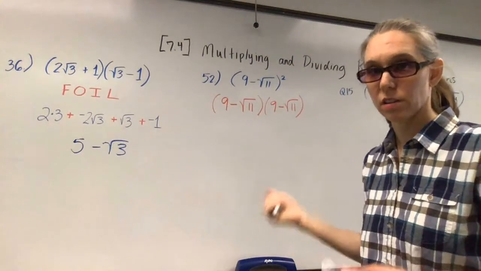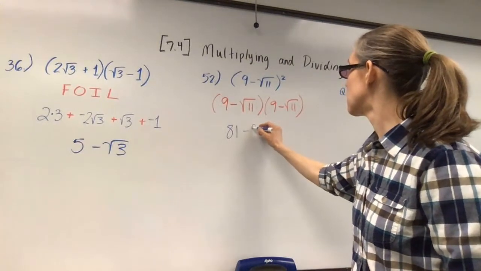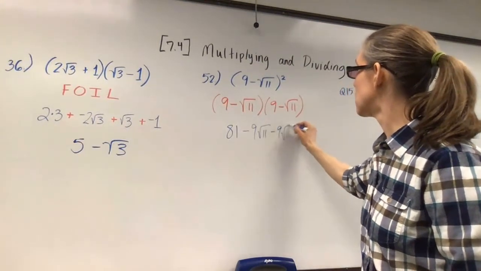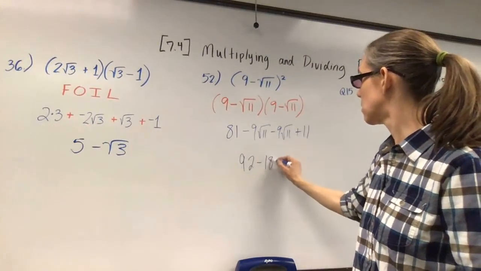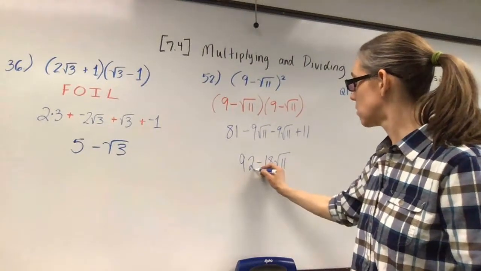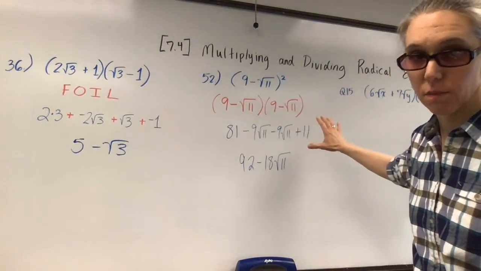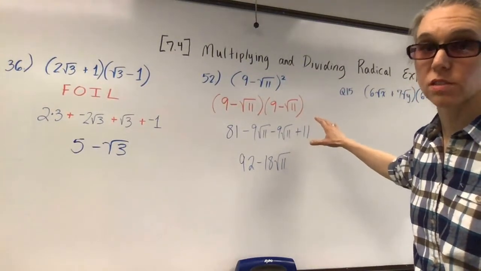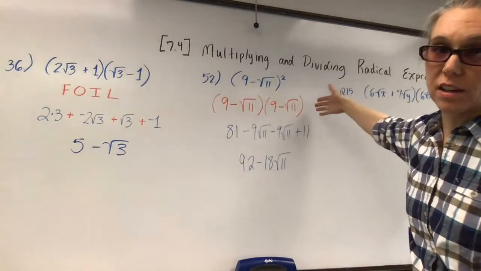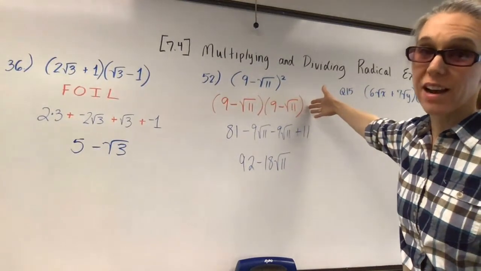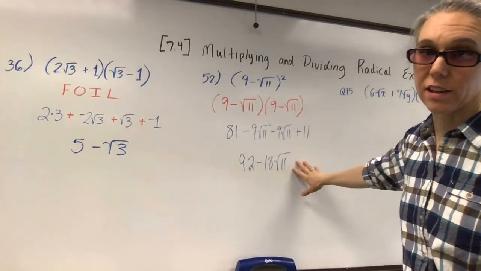First, outer, inner, last. So for this solution, or rather this simplification, we're not solving an equation, we're simplifying an expression. For this simplification, you do not need to write out the product side by side, but I highly recommend it. Then you use FOIL, and then you simplify like terms.